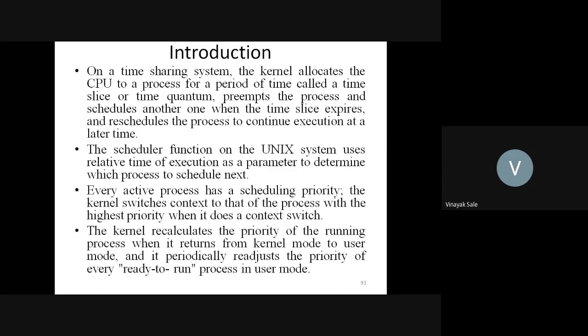The scheduler function of a Unix system uses a relative time of execution as a parameter to determine which process to schedule next.